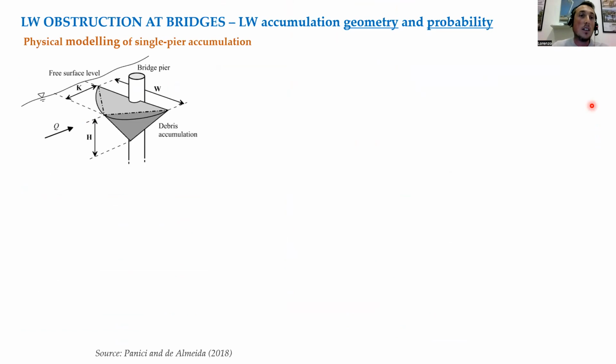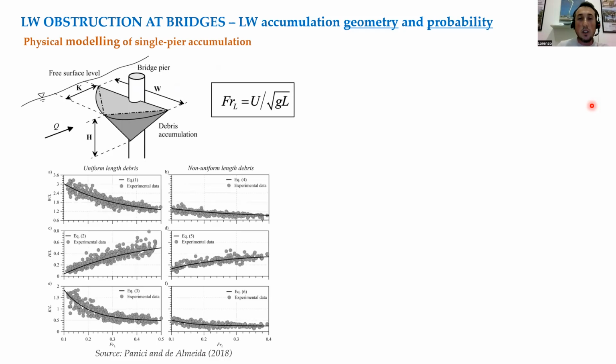So in this case, I reported the example of the physical model of single pier accumulation, for which the classical shape for the accumulation is a half cone, characterized by 3 main dimensions. By experimental analysis, we know today some information regarding the characteristics of this particular shape by varying the approaching flow condition.